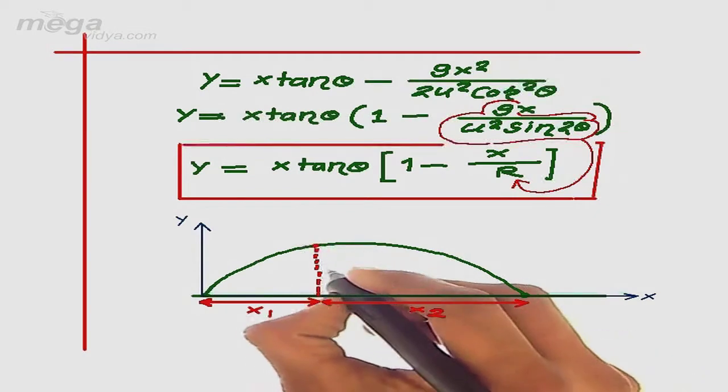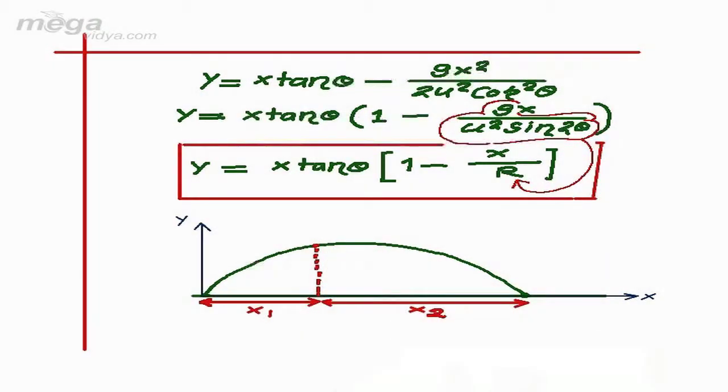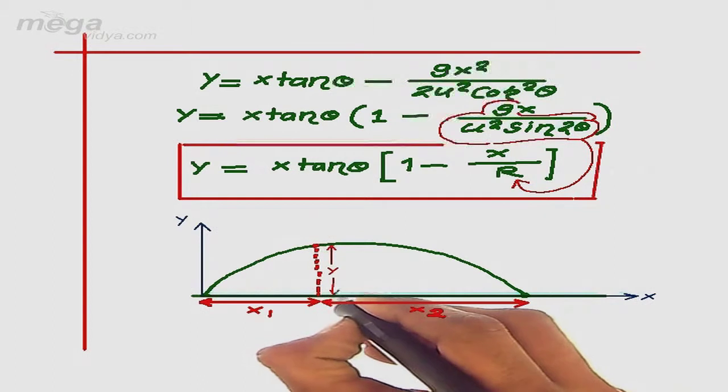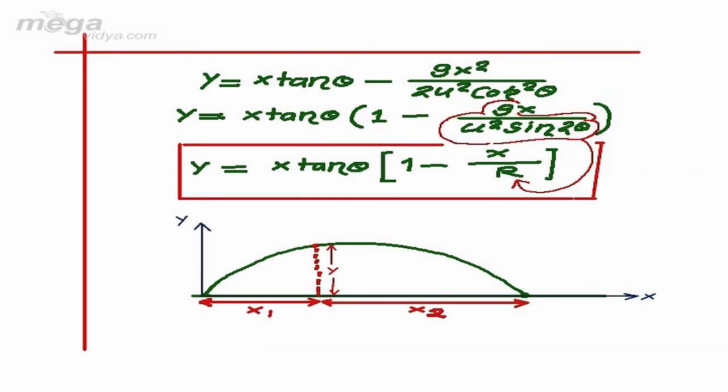The height of the projectile at this instant is y. Remember, it is not the maximum height, it is an arbitrary height at any instant t when it is flying under projectile motion.